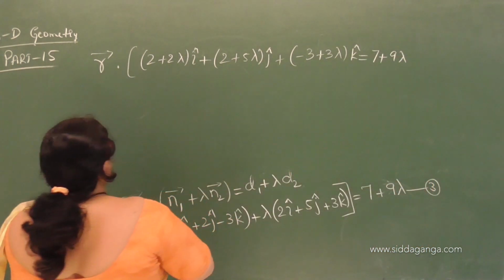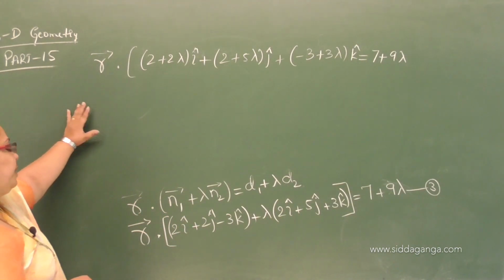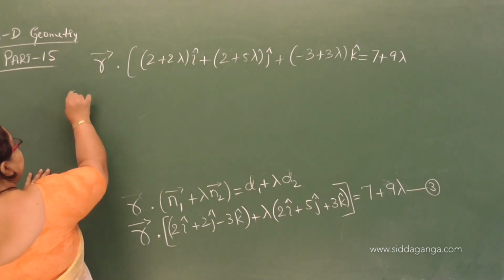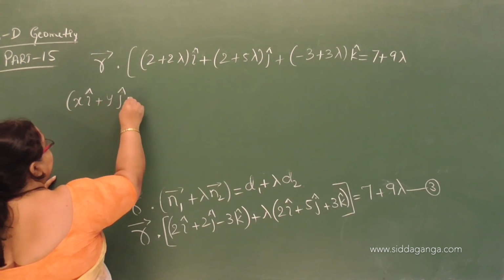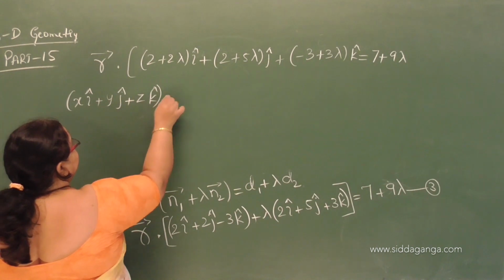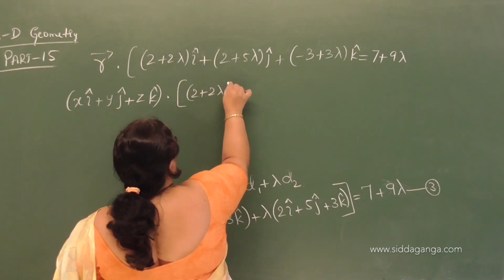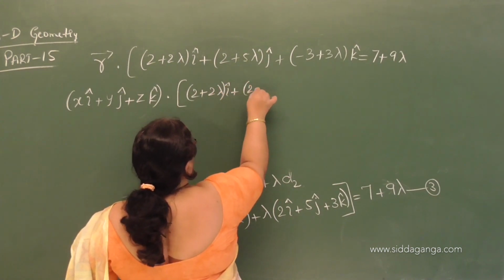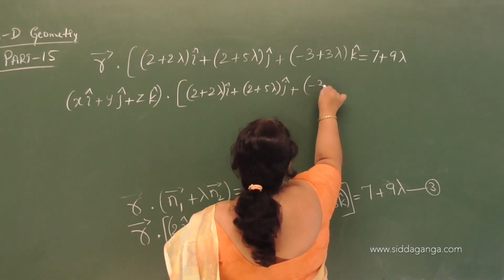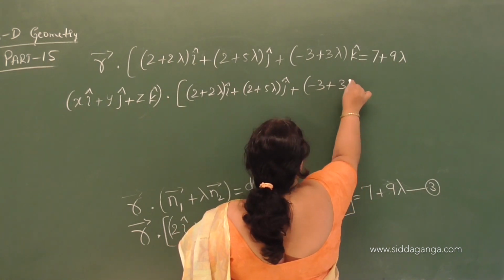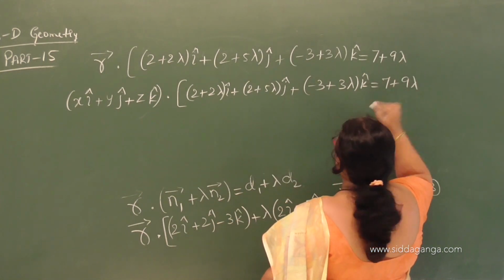Because the plane passes through a point x, y, z, we have to substitute it. Vector r is nothing but x into i cap plus y into j cap plus z into k cap. Now (2 plus 2 lambda) into i cap plus (2 plus 5 lambda) into j cap plus (minus 3 plus 3 lambda) into k cap equal to 7 plus 9 lambda.